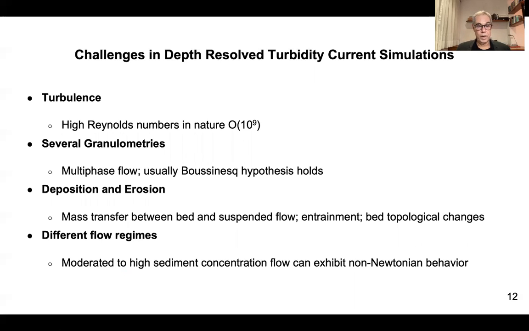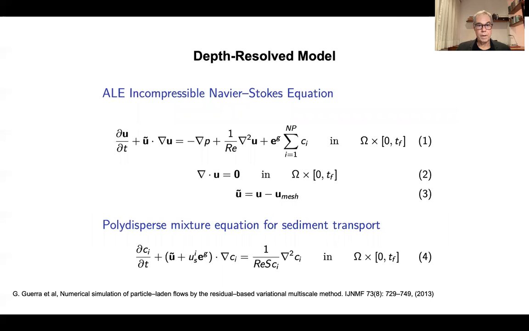And then we have to cope with deposition and erosion, which is basically mass transfer between bed and suspended flow, entrainment, and bed topological changes. And different flow regimes: we observe that moderate to high sediment concentration flow is basically non-Newtonian, and we'll see this in an example in a few moments.